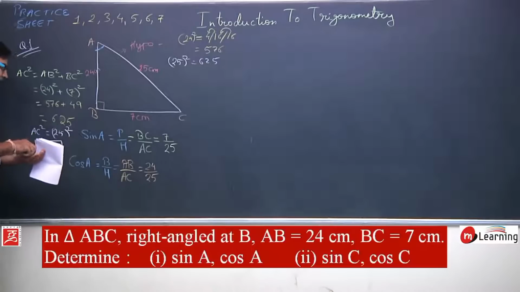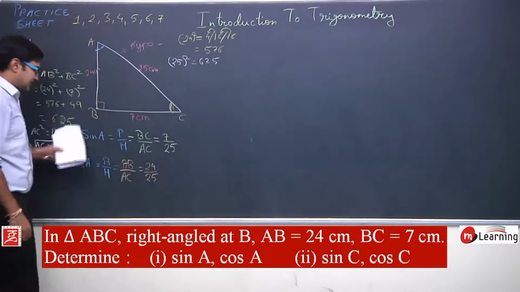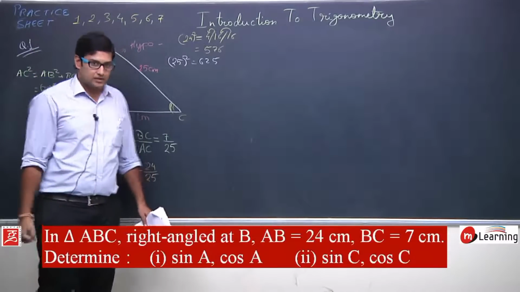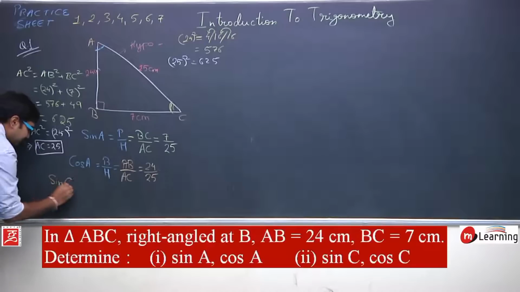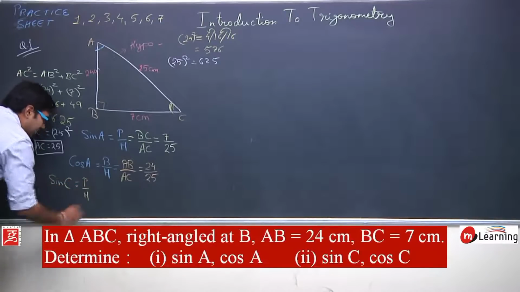Okay, then the third value, this is angle C. So हमने sin A और cos A तो निकाल लिया. Next is sin C and cos C. So sin C निकालने के लिए, sin of angle C is equals to what? Again this will be perpendicular upon hypotenuse.